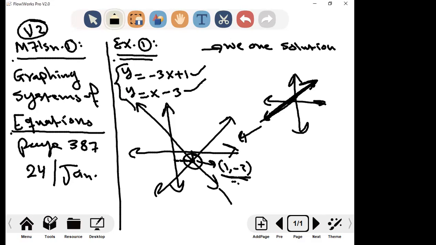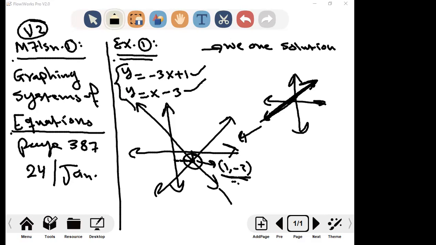The graphs are the same line, which means they have unlimited solutions. A system of equations is inconsistent if it has no ordered pair that satisfies both equations. The graphs are parallel, they won't intersect with each other. Do you understand? I will repeat them again.